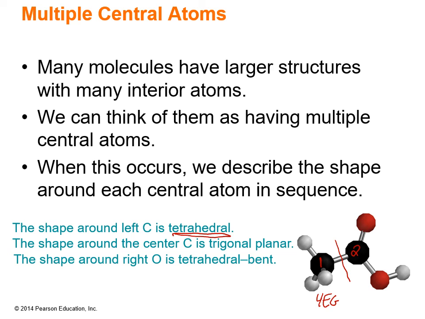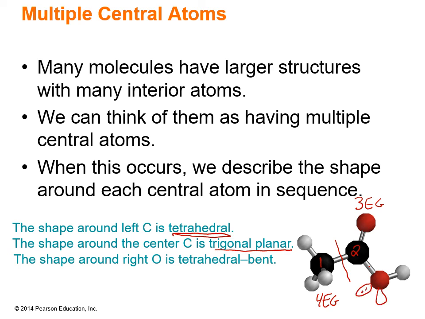If we look at the second carbon around our center carbon, we can count the electron groups. So in this case, we have 3 electron groups. We have 2 single bonds and a double bond that goes to the oxygen. So 3 electron groups. They are all bonds, which makes it trigonal planar. If we look at the last oxygen, it has 4 electron groups.